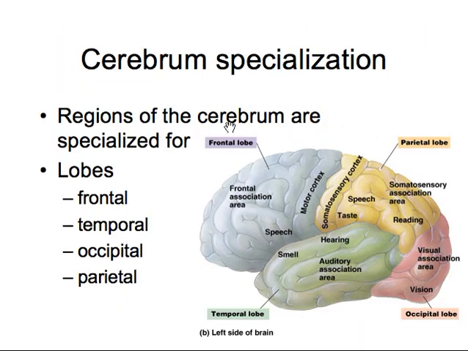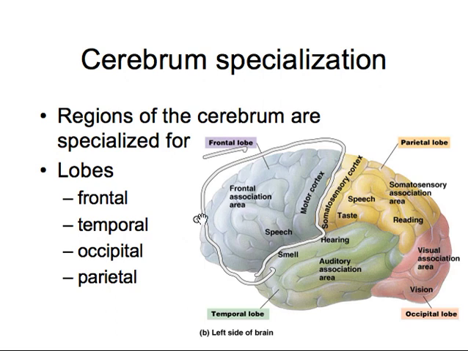Okay, so cerebrum specialization. Different parts of the cerebrum do different things. We break everything up into 4 lobes. So this first lobe right here in blue, that's the frontal lobe. The frontal lobe is for high complex order thinking.